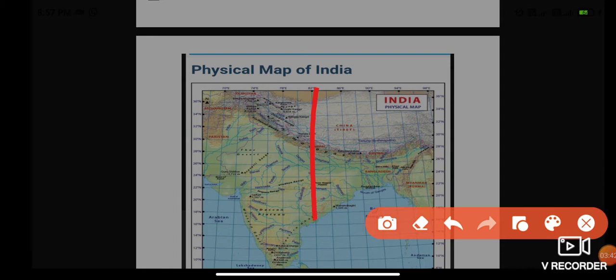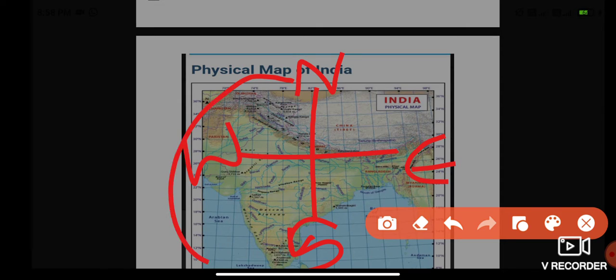Remember, this is how directions are shown: this is north, east, west, and south. This is how we find the direction from the compass. After observing this, see from the given map which one is north.